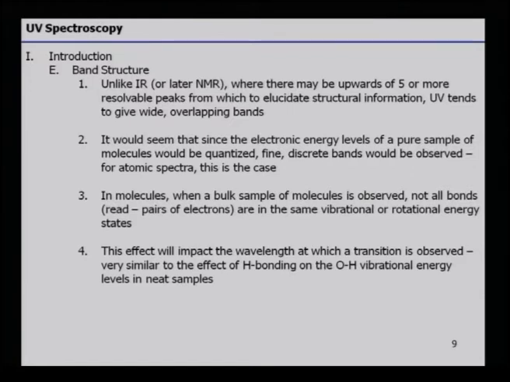In molecules, when a bulk sample of molecules is observed, not all bonds, which can be read as a pair of electrons, are in the same vibrational or rotational energy states. This effect will impact the wavelength at which a transition is observed, very similar to the effect of hydrogen bonding that we observe in IR in the OH vibrational energy levels of a neat sample.